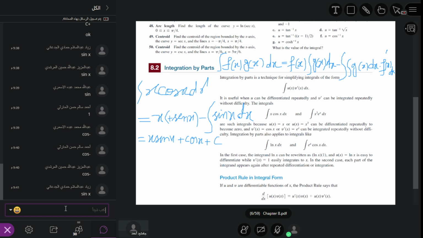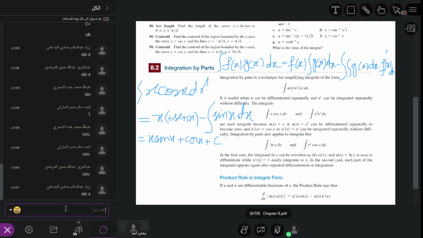Thus we get x sine x plus cosine x plus constant. Now if I want to confirm that this is the integral of the given function, if we take its derivative, we get again x cosine x, because sine and cosine are inverse of each other.